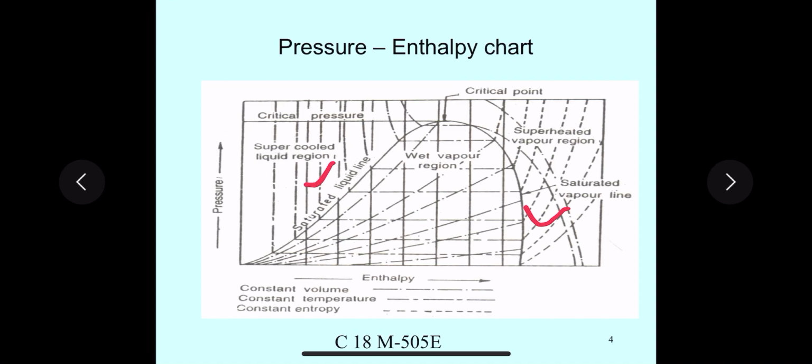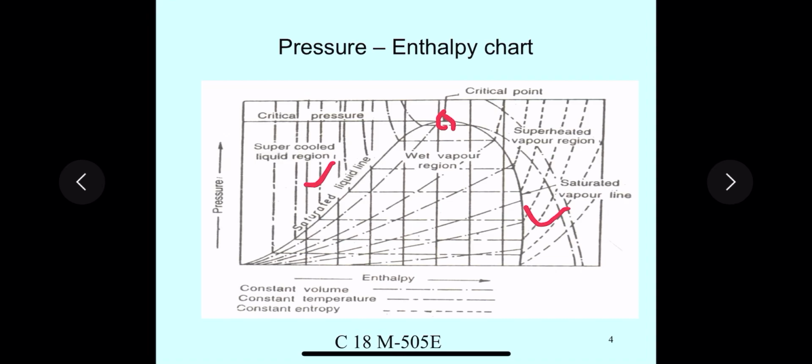This is the saturated vapor line. In between these two, one center point is there. That point we call the critical point, where the saturated liquid line and saturated vapor line meet. The saturated liquid line increases and after a certain point it decreases. Where it starts decreasing, that point we call the critical point.